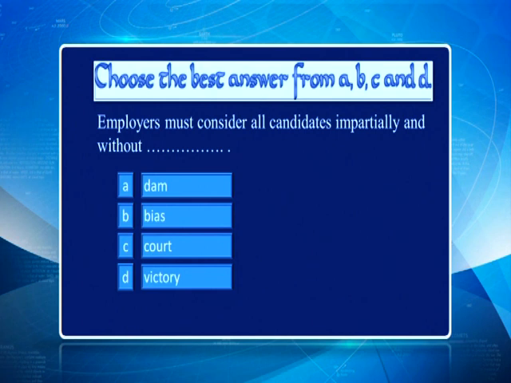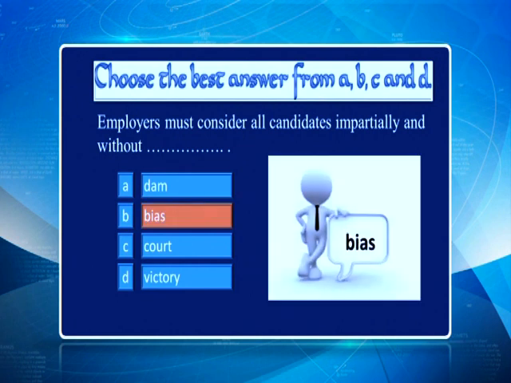That is, with reason, without favoritism and choosing one over the other because of a certain prejudgment. So the right answer is bias. Excellent. So employers must consider all candidates impartially and without bias. That is, they should consider them all the same.